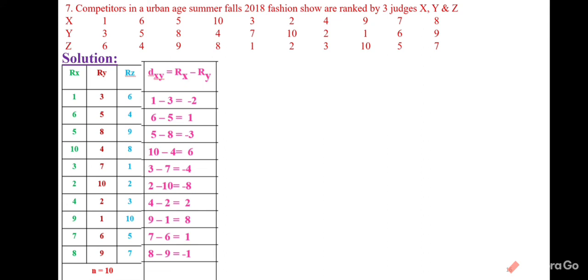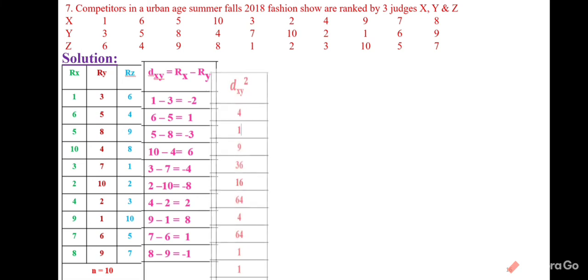1 minus 3 is minus 2, 6 minus 5 is 1, 5 minus 8 is minus 3, 10 minus 4 is 6, 3 minus 7 is minus 4, 2 minus 10 is minus 8, 4 minus 2 is 2, 9 minus 1 is 8, 7 minus 6 is 1, 8 minus 9 is minus 1.